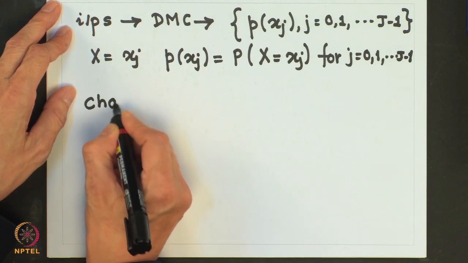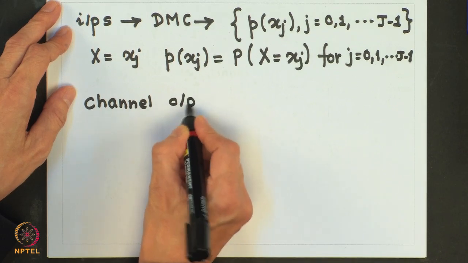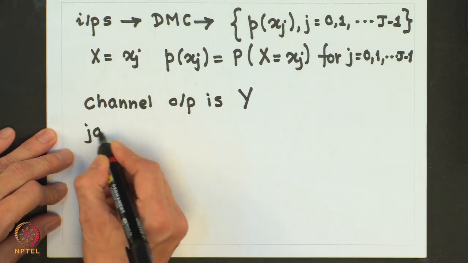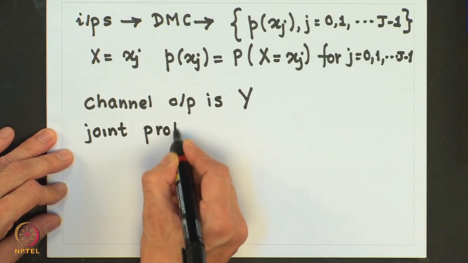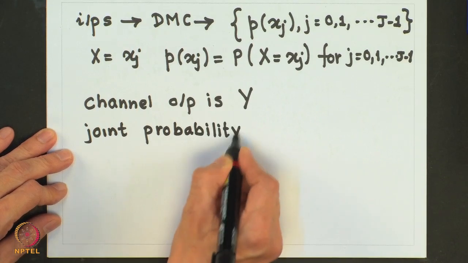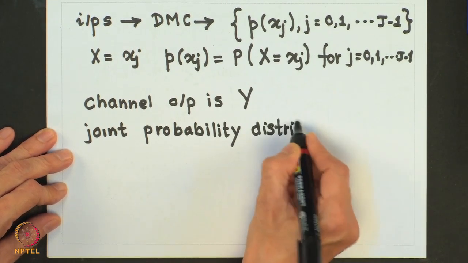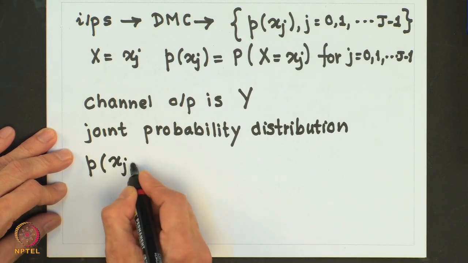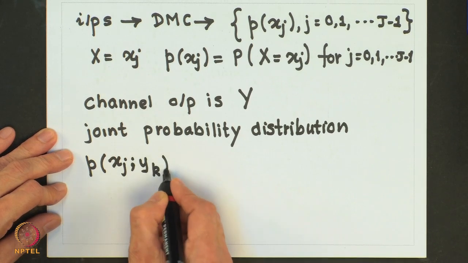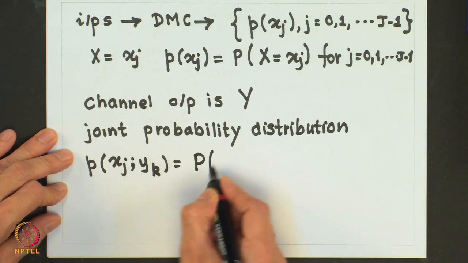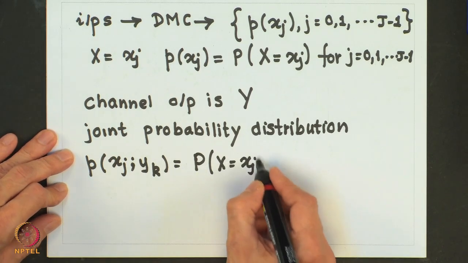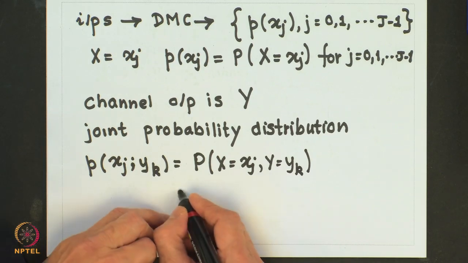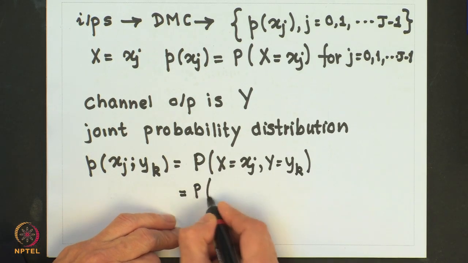Now, if the channel output is, say, Y, then we can define the joint probability distribution, that is the probability of xj, yk, as the probability of X equal to xj, Y equal to yk, and this can also be written by Bayes' rule as follows.